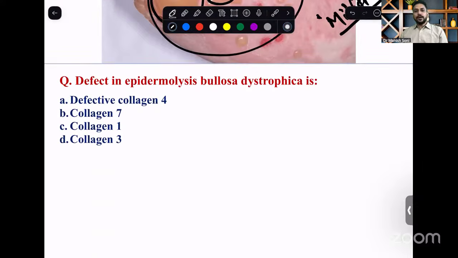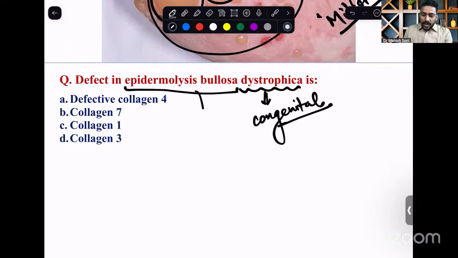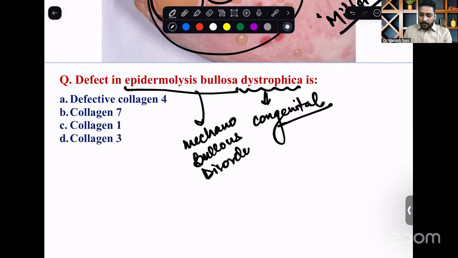Now they are asking about epidermolysis bullosa dystrophica. This is a congenital type of epidermolysis bullosa, also known as a mechanobullous disorder.